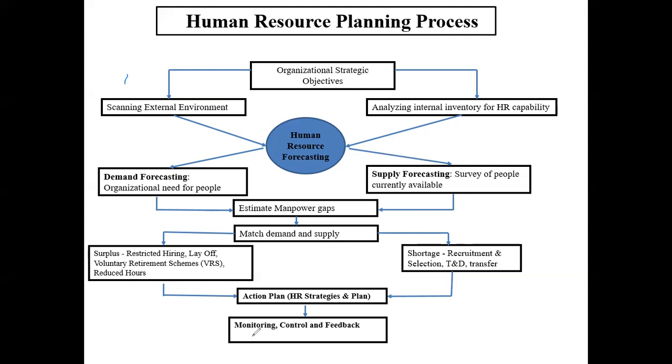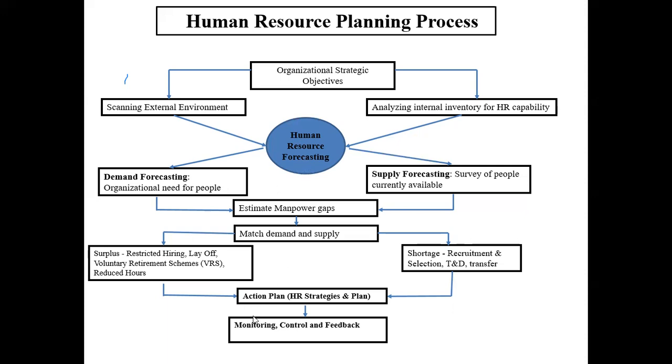The monitoring, control, and feedback portion requires that after implementing an action plan, let's say freezing or restricting hiring, you monitor the system to see whether the organization is progressing towards the achievement of its strategic objectives, or whether the demand for production has gone up.